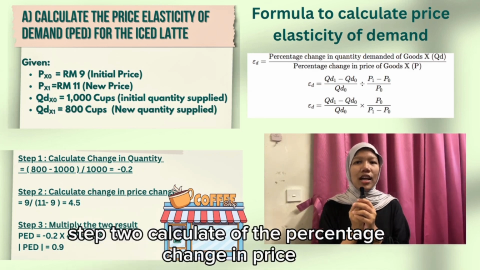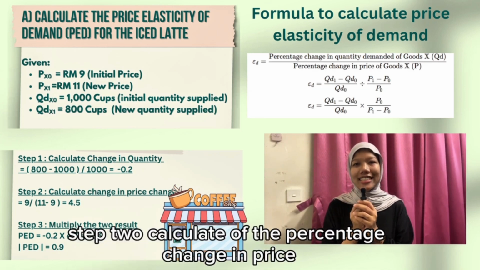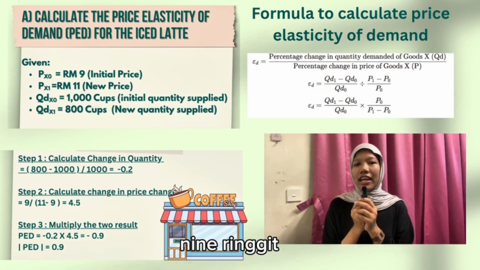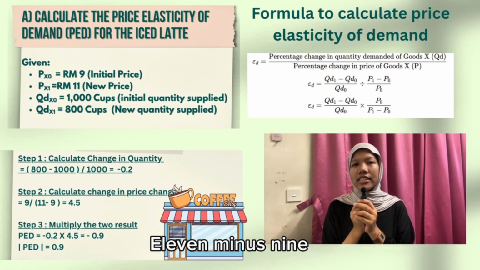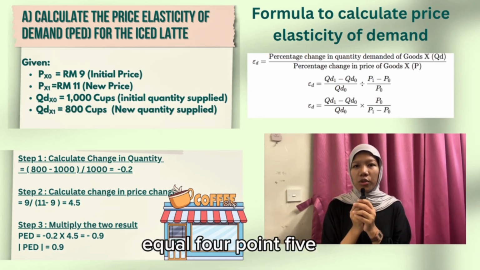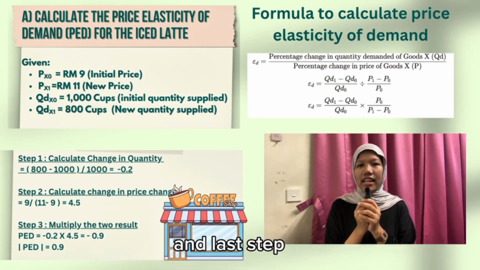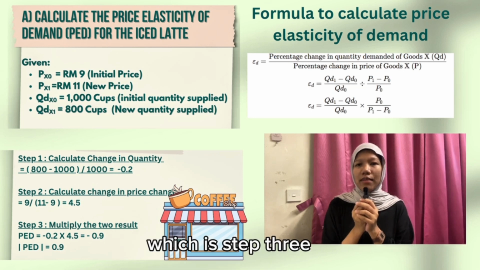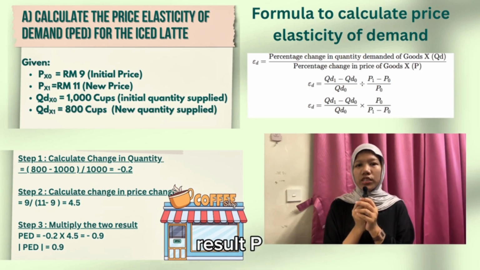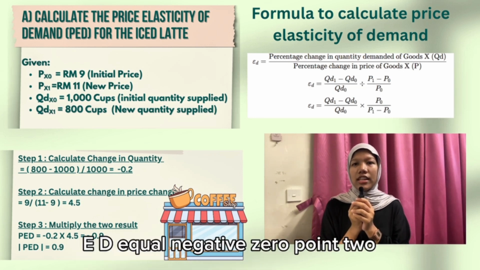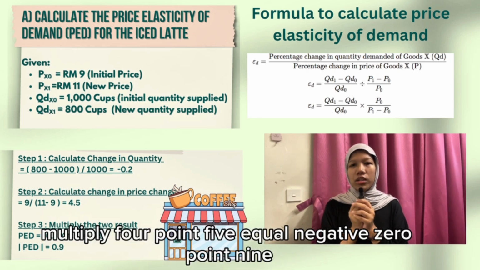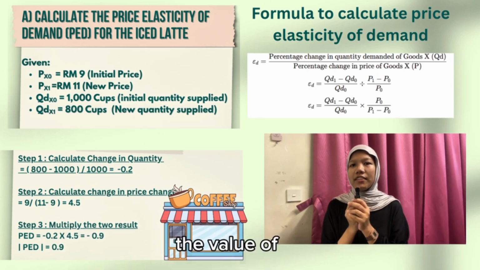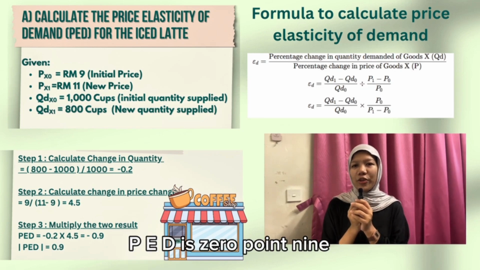Step 2, calculate the percentage change in price: 9 ringgit divided by 11 minus 9 equals 4.5. And the last step, step 3, multiply the two results. PED equals negative 0.2 multiplied by 4.5, equals negative 0.9. The value of PED is 0.9.